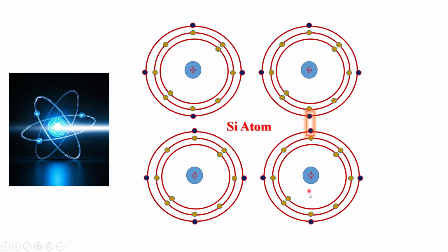So this electron is tightly bound to this atom. This electron is tightly bound to this atom. You have another electron sharing or electron pair, another electron pair, and another one.